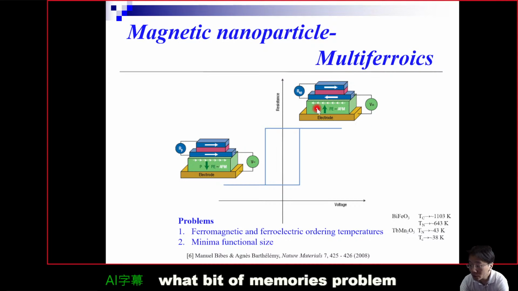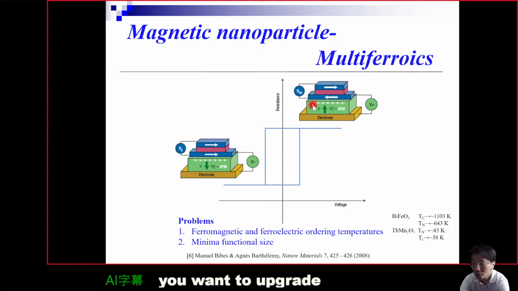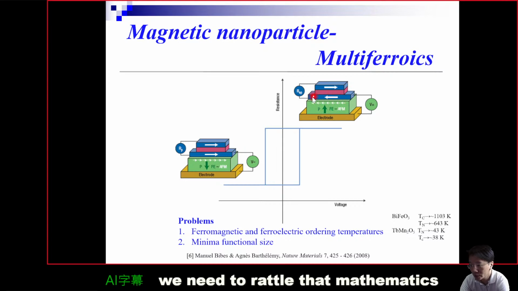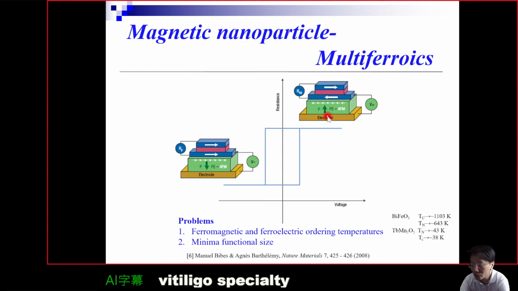For multiferroics, if you want to operate the electrization or magnetization, there is one very important point. We need both the magnetic ordering and the electric ordering to work below the Curie temperature.